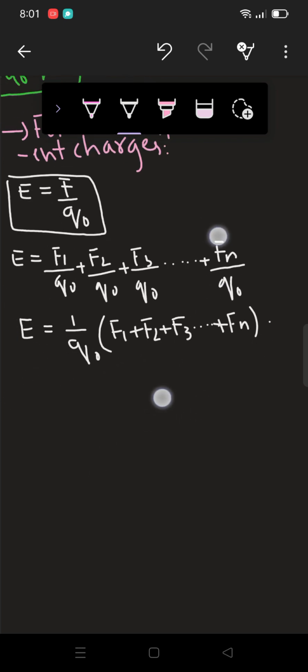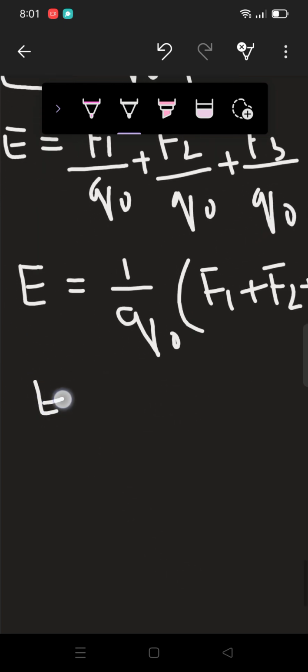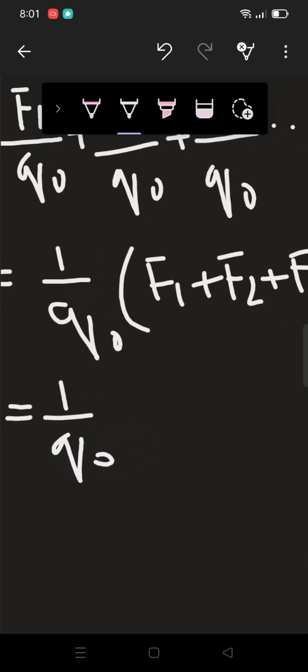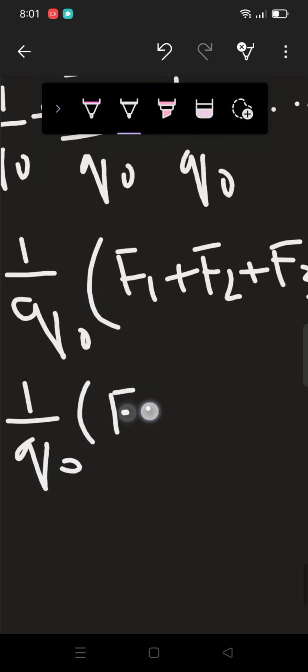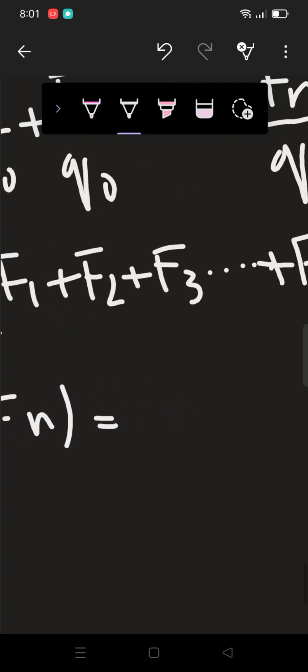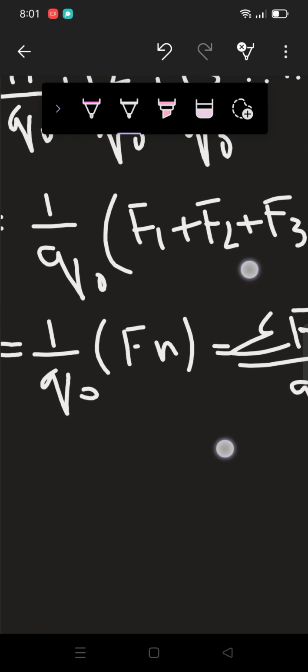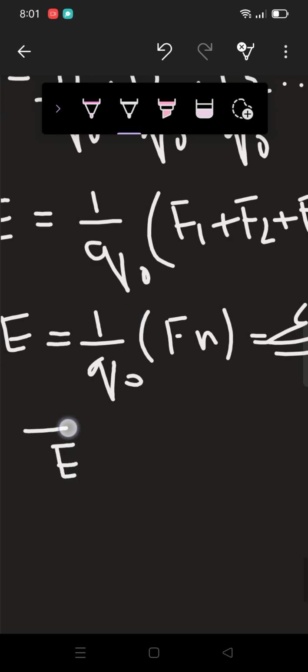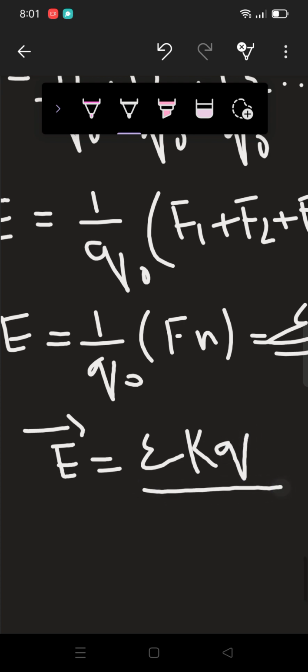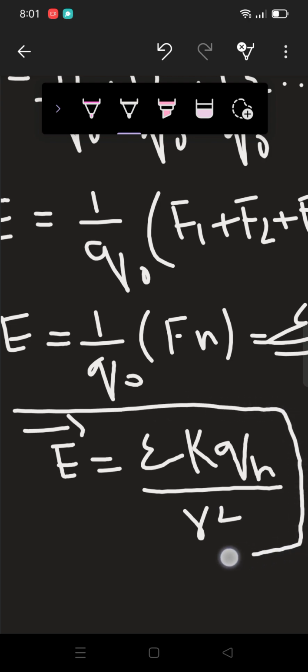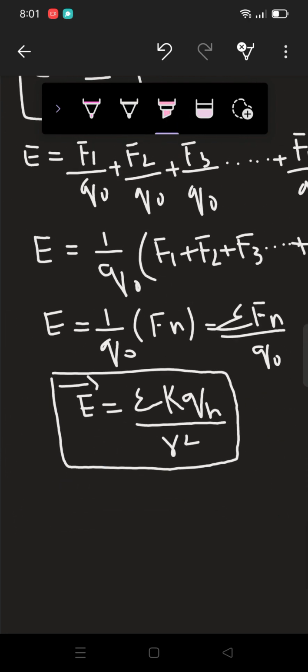This is the summation of the forces, so E is equal to 1 upon Q naught into the summation of F from F1 to Fn. Finally I can write electric field intensity as the summation of KQn upon r square. So this is what we have got due to different charges.